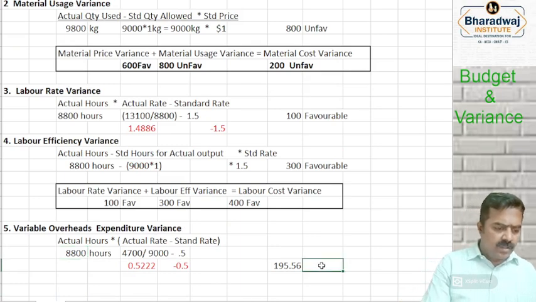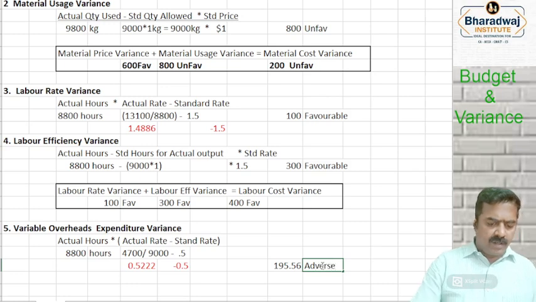This is adverse or unfavorable. We spent more.